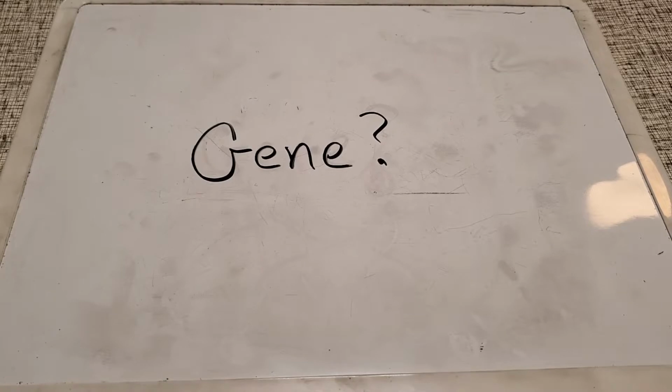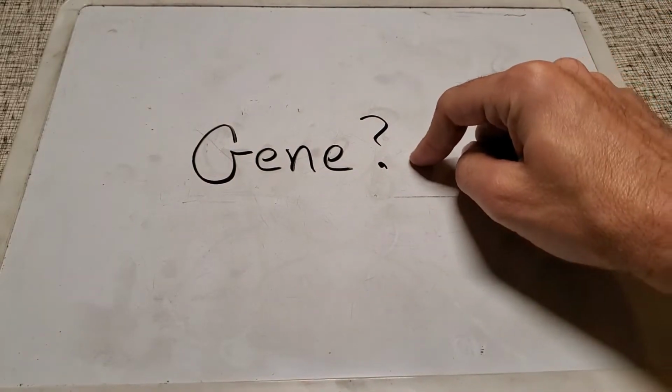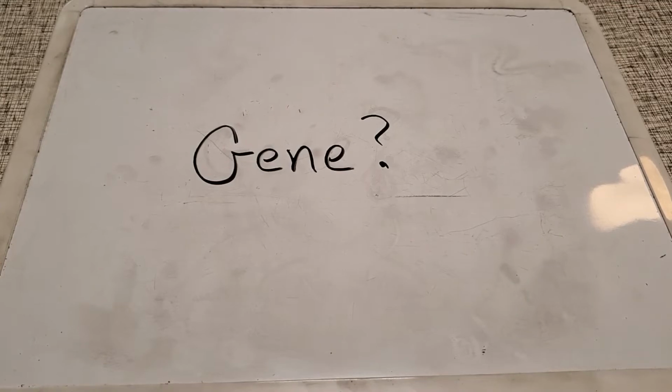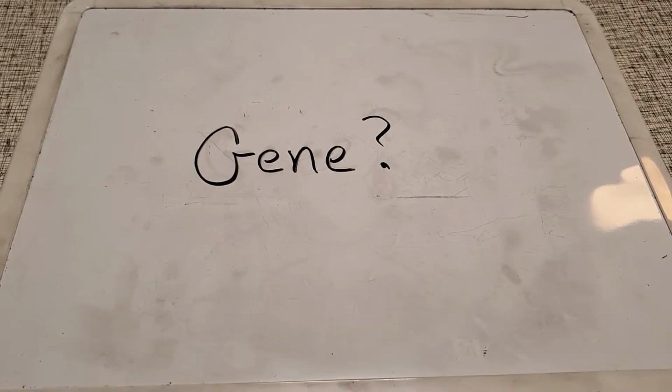Well, I'm going to assume that you guys know what DNA is, and I'm going to assume that you know what chromosomes are and where they're located, because if I didn't assume that, we would be here for half an hour while I teach an entire course on basic genetics.